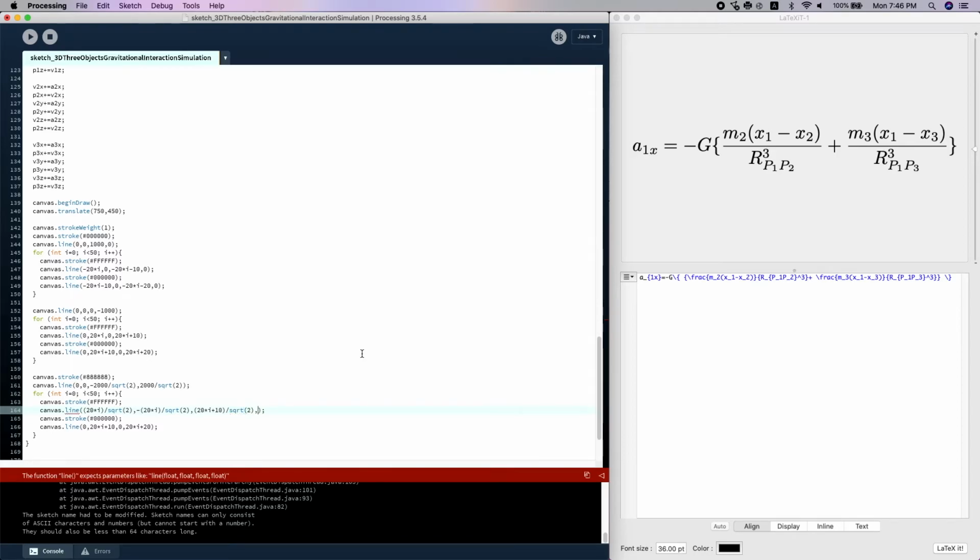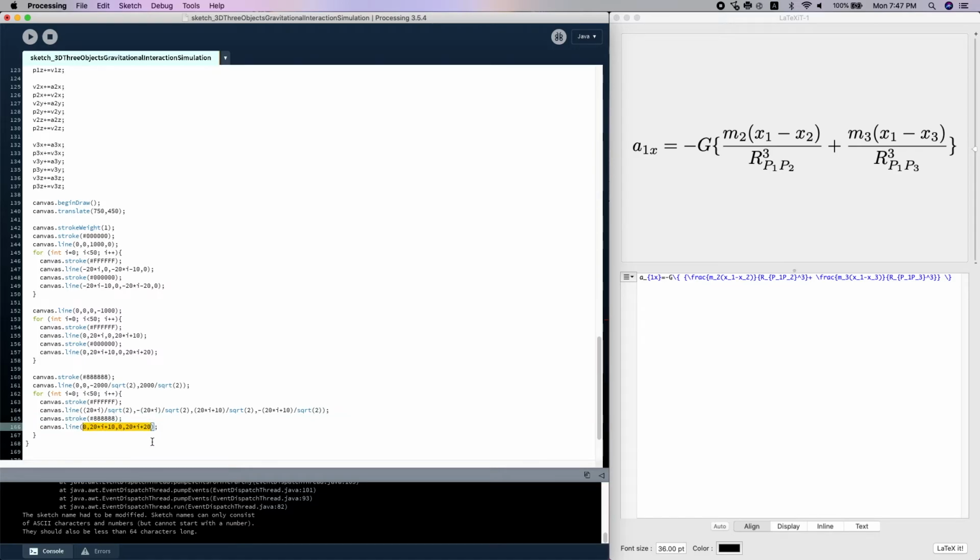And then we're going to need minus 20 times I plus 10 divided by the square root of 2. Yeah, that seems correct.